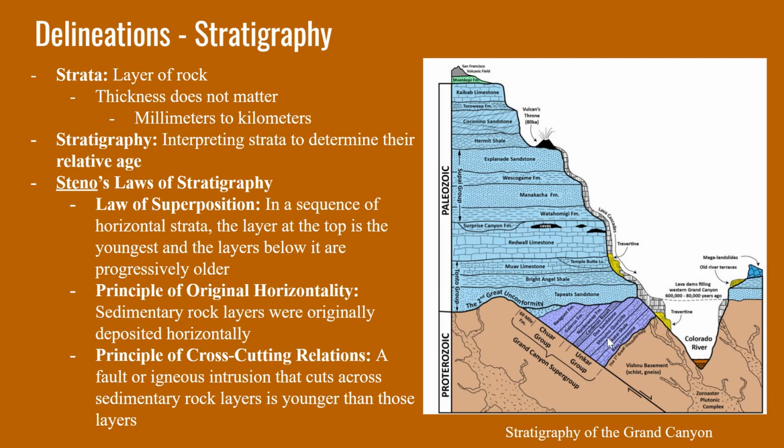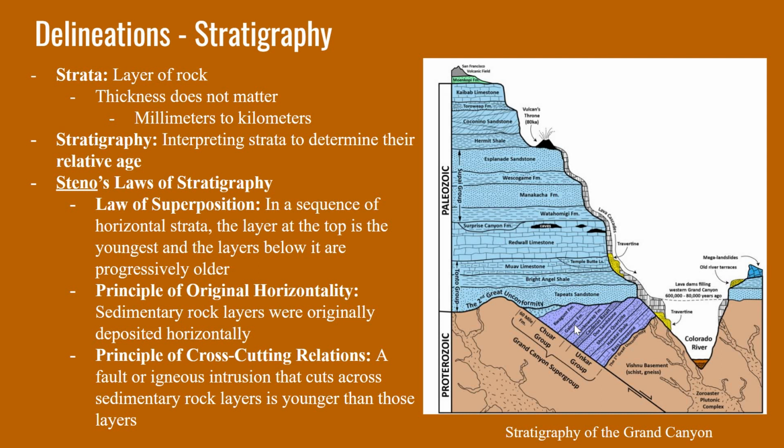What this means is, if we know the original orientation that these layers were deposited in, we'll assume this way is up. We can then use the law of superposition on these tilted layers. So say the Bass limestone is older than the Galeros formation.